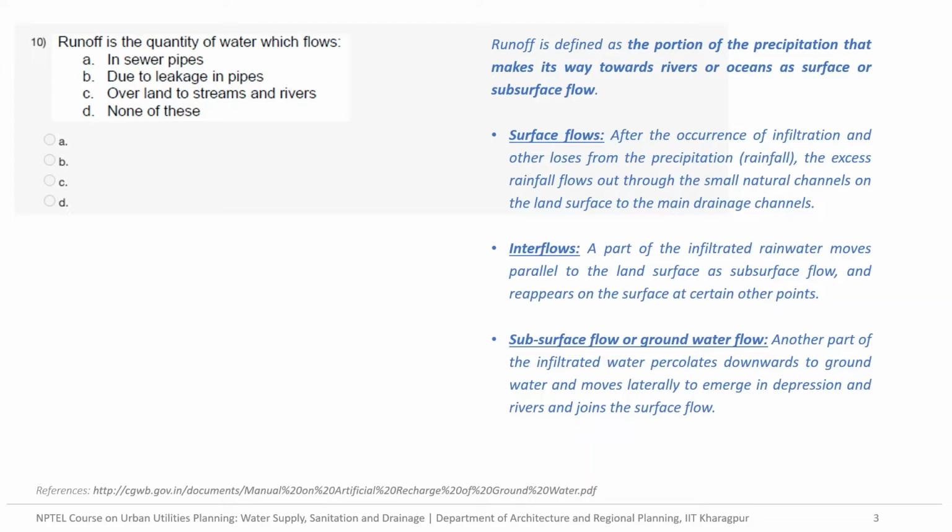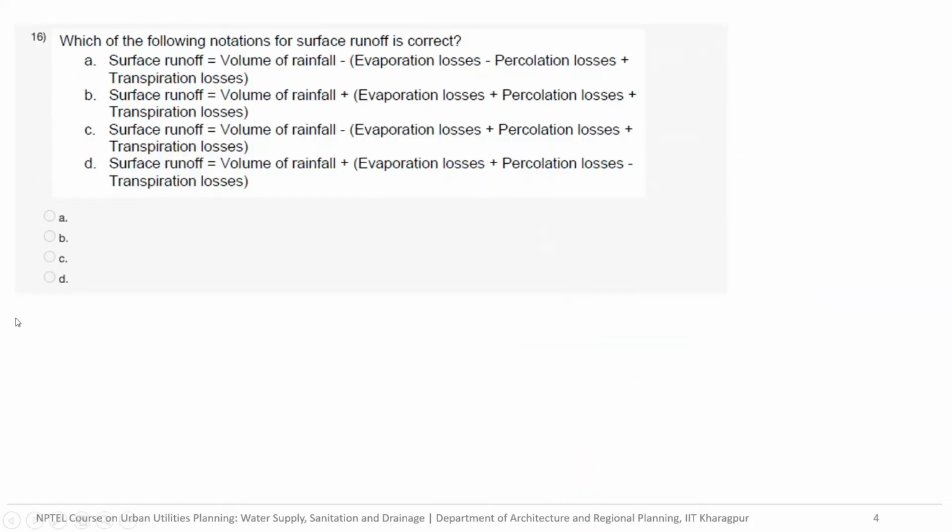So runoff is essentially defined as the portion of the precipitation that makes its way towards rivers or oceans as surface or subsurface flow. So these are the three types of flows that are included in runoff. So coming from this content, we can conclude that C, over land to streams and rivers, is essentially runoff.